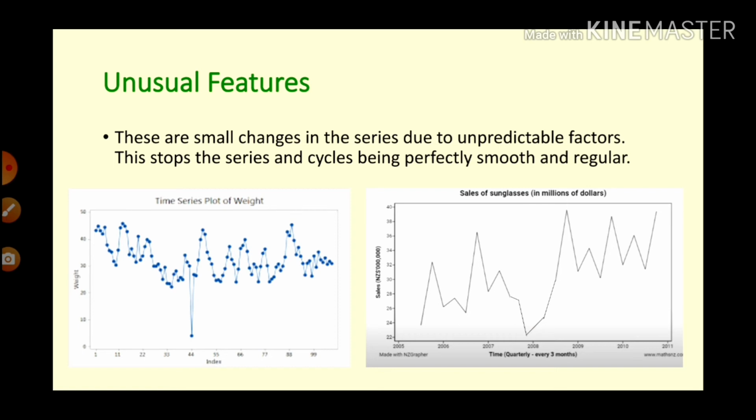Okay, these are small changes in the series due to unpredictable factors. For example, sunglasses had regular sales following the trend. Yep. Okay, but what happened in 2008? Not many people bought them. So it stops following the seasonal pattern, right? What would be the reason behind it?